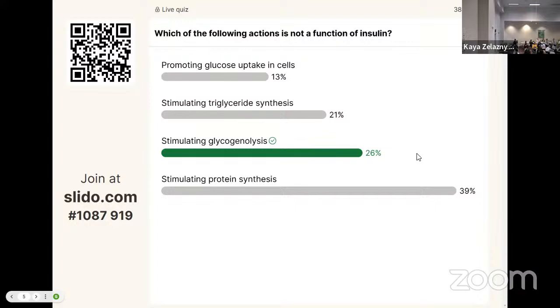So in order to do that, we're going to pull glucose into cells. Right? We got to do that because we just ate stuff. We're going to make fats. We're going to make protein. And we're going to stop breaking anything down. So we're not going to be breaking down glycogen at this point in time, because this is all about building stuff up. So glycogenolysis was breaking stuff down.